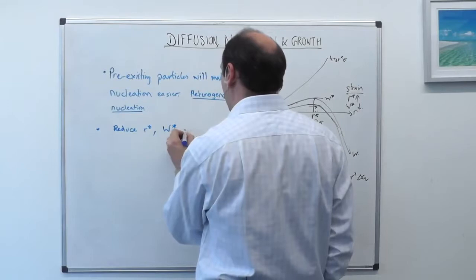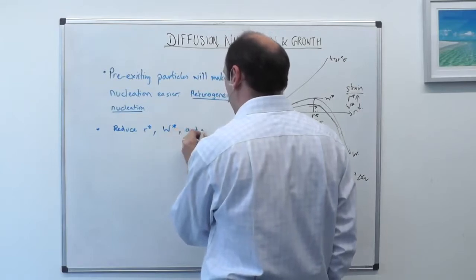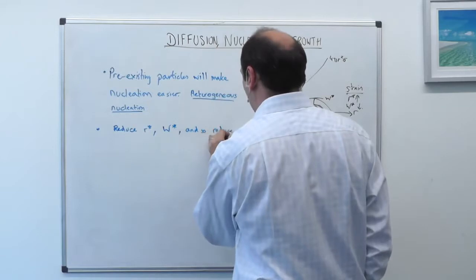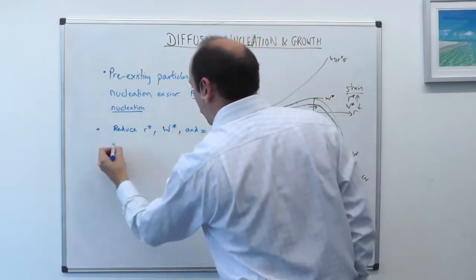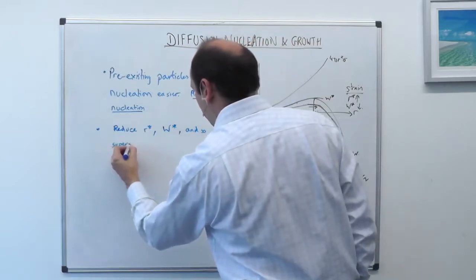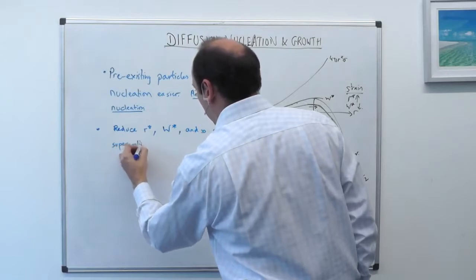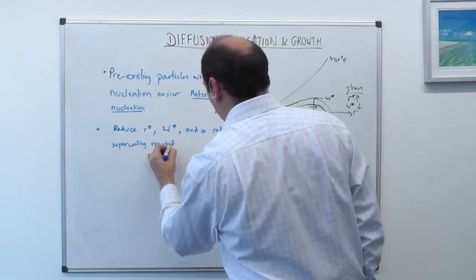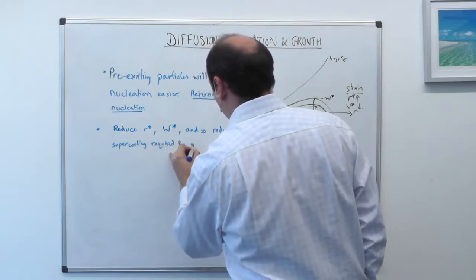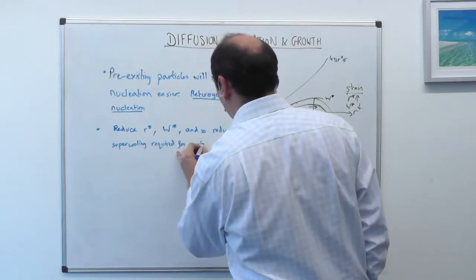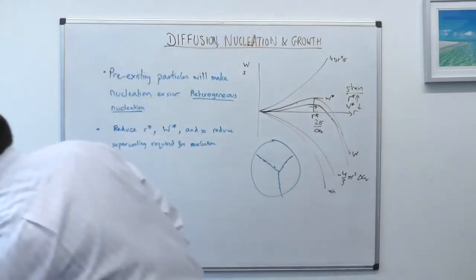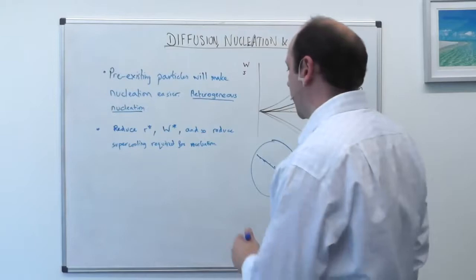And so, and we'll have an Oxford comma, we'll reduce the supercooling or undercooling required for nucleation to occur. Or for precipitation to occur.